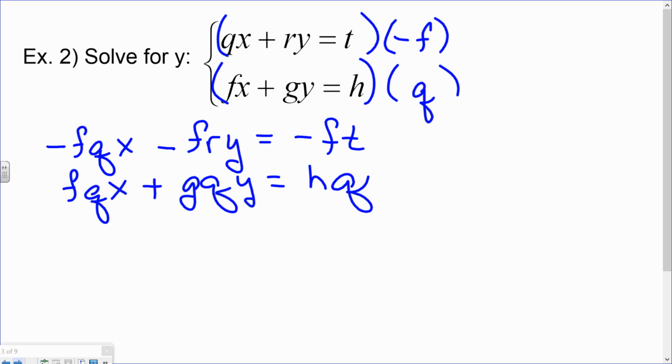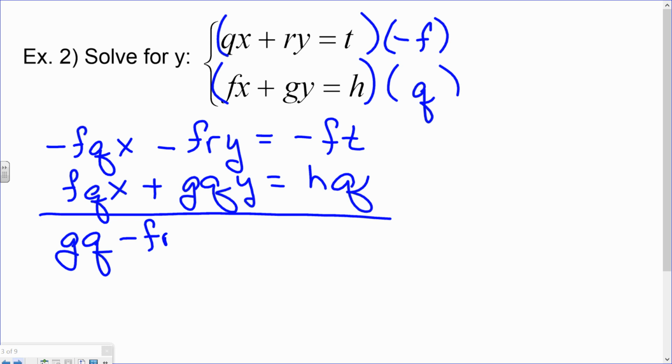The X's cancel out like we want. That leaves GQ minus FR. Both of those were times Y on the left side, so I can factor out the Y. And that equals HQ minus FT.